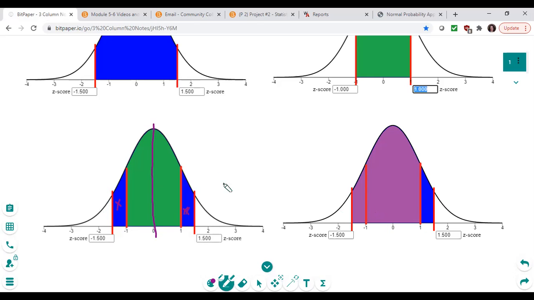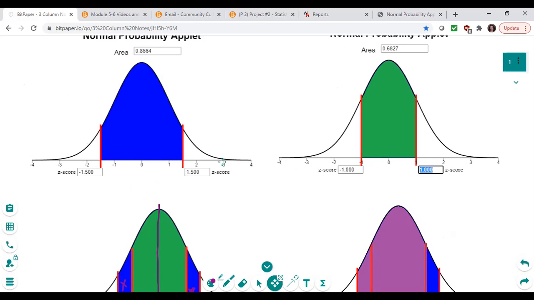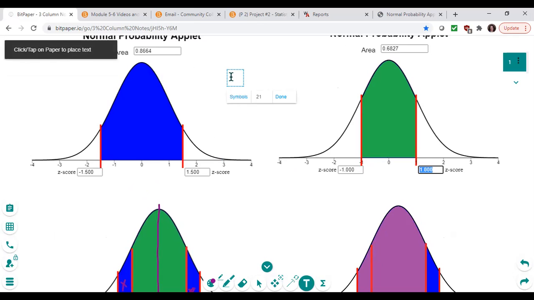What I'm going to do is take the larger area and subtract off the smaller area. The larger area is 0.8664, or 86%, and I'm going to subtract off the smaller area, which is 68%, 0.6827. That will tell me the difference, how much bigger the larger one is from the smaller one.